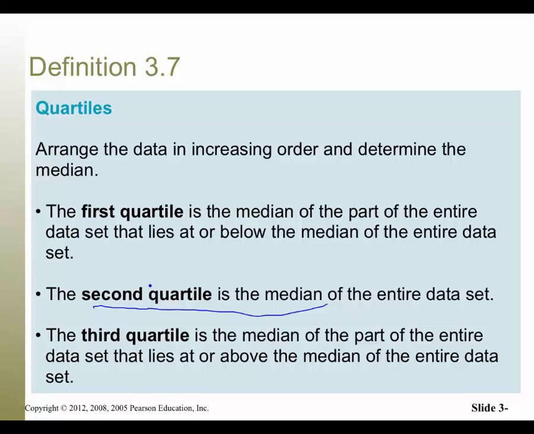So the quartiles break up the data set into 25% frequencies, and they're all medians. That's the median of the whole set, the first quartile is the median of the lower half, and the third quartile is the median of the upper half.